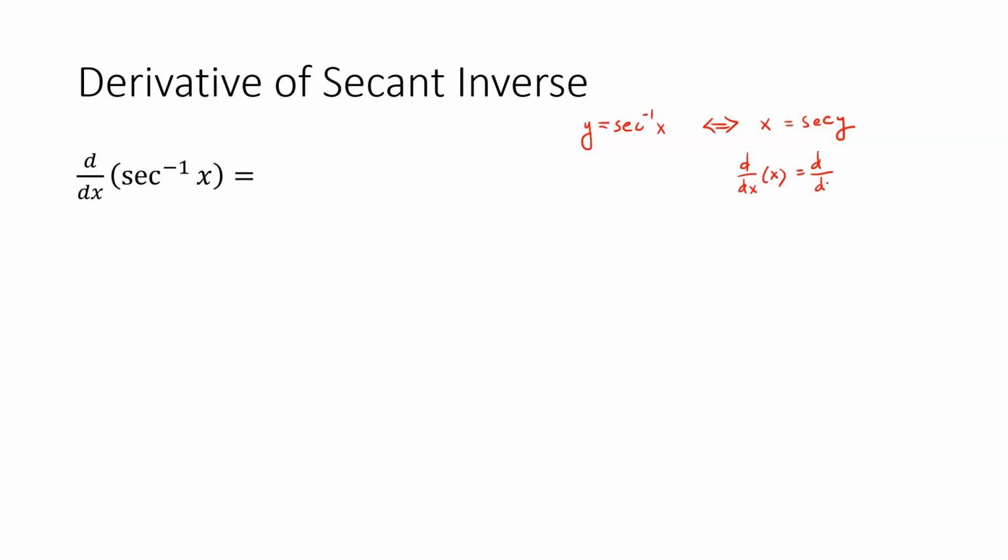And what we wind up with here is 1 equals the derivative of secant, which is secant y tangent y times y prime. So we get y prime would be 1 over secant y tangent y.